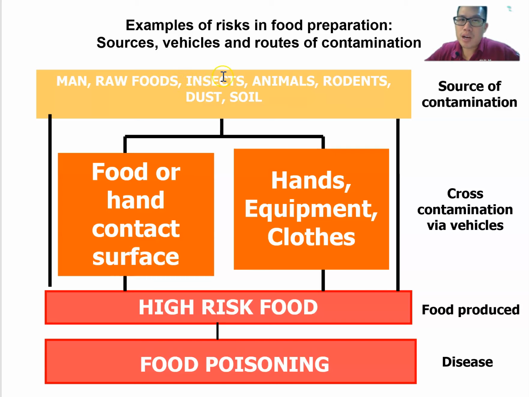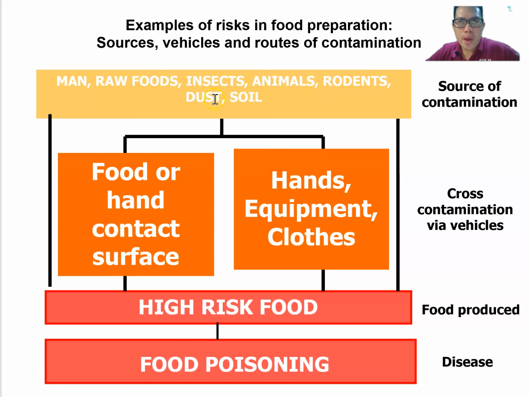It could come from insects like flies, very common, where they lay eggs and larvae and you end up with a lot of worms in your meat. The animals, rodents like rats, cockroaches, dust, soil, all these are sources of contamination. You need to realize that it's possible to come from these areas.